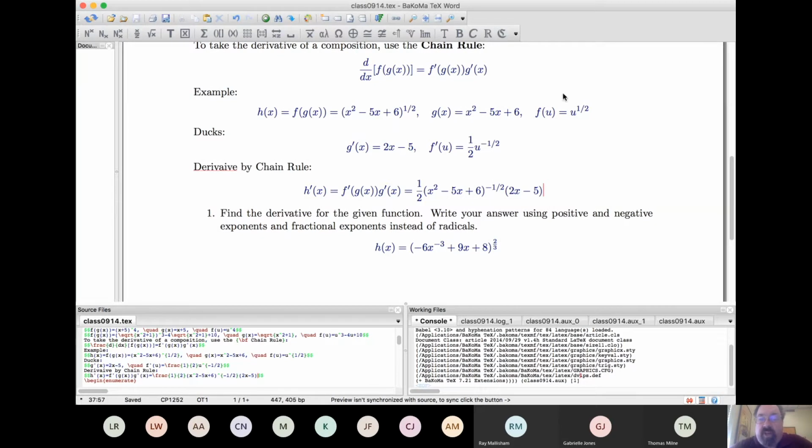Pick out your outer and inner, take derivatives of both, and then in the derivative of the outer one, take the original inner function. That is what u is in this case. So you don't have any questions about getting this derivative? Be sure to unmute yourself if you do.